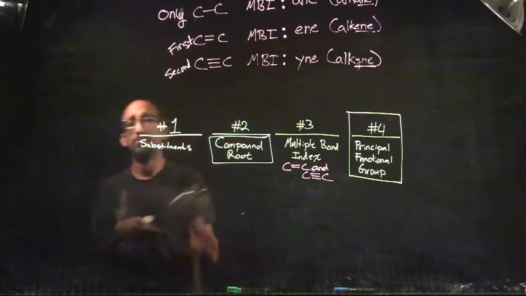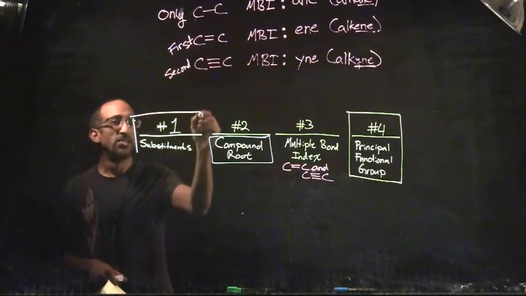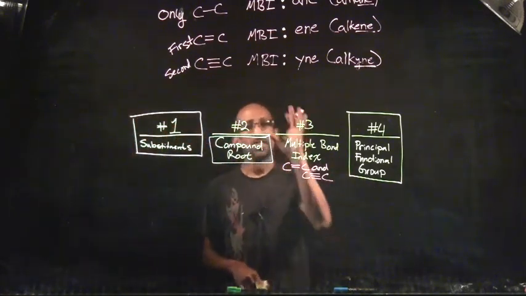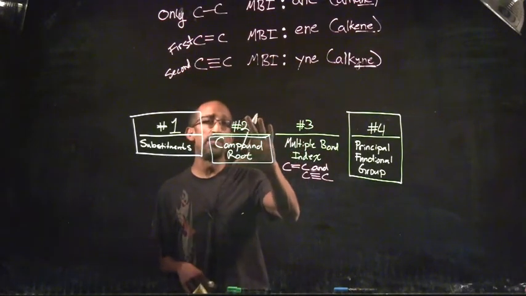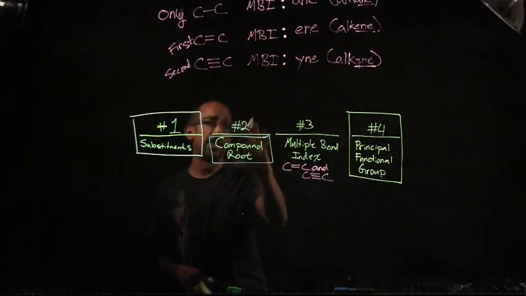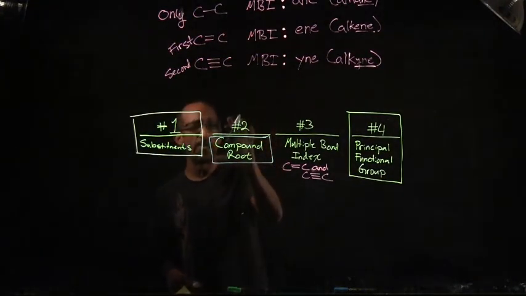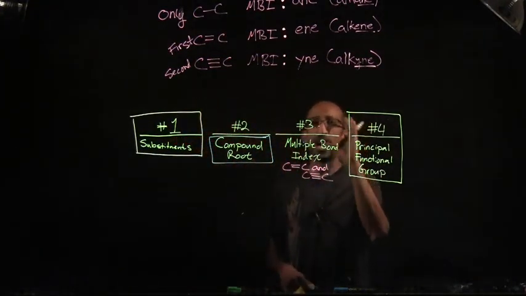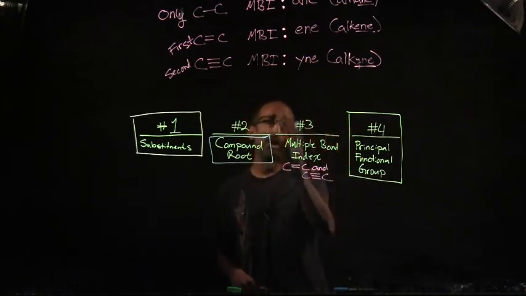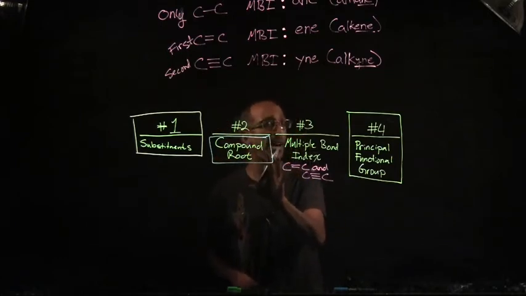So the substituents are anything that we haven't covered so far. It's not part of the longest continuous carbon chain. It's not an alicyclic or aromatic system, which would determine our compound root. While they may contain double bonds, those double bonds are not part of the longest continuous carbon chain or largest ring structure in the compound.